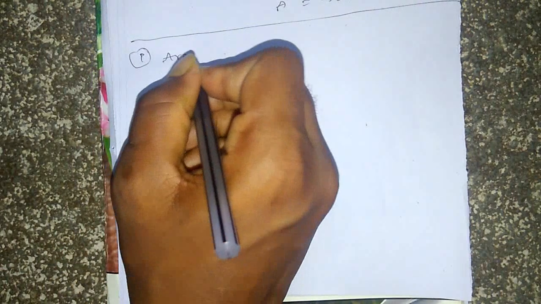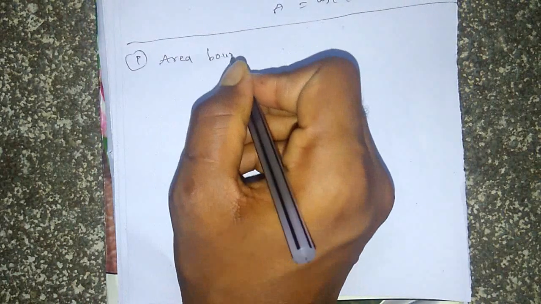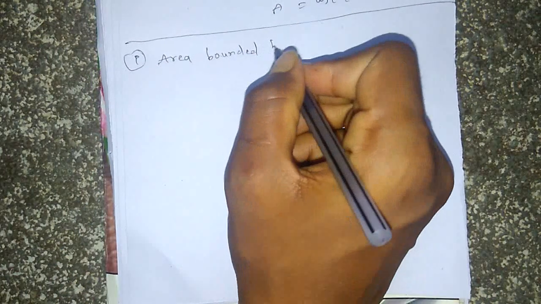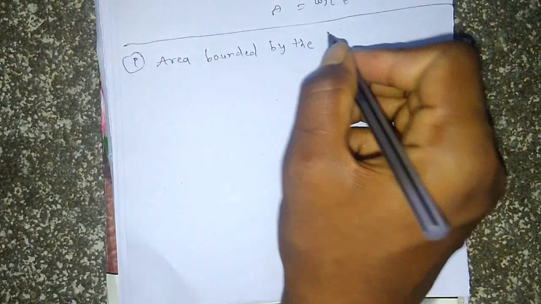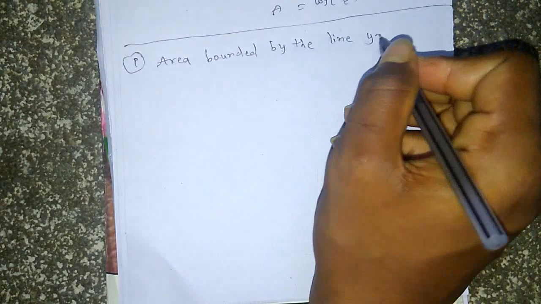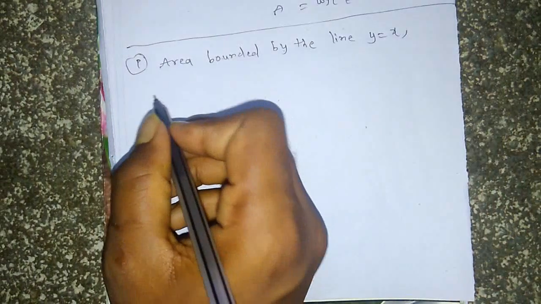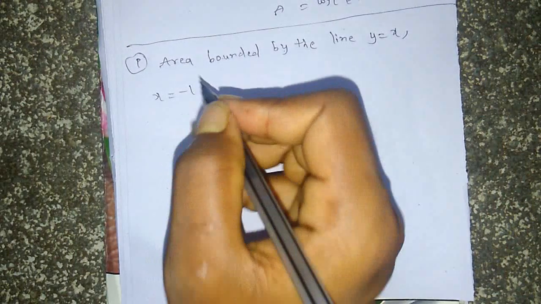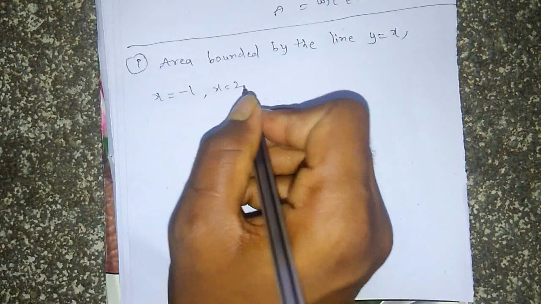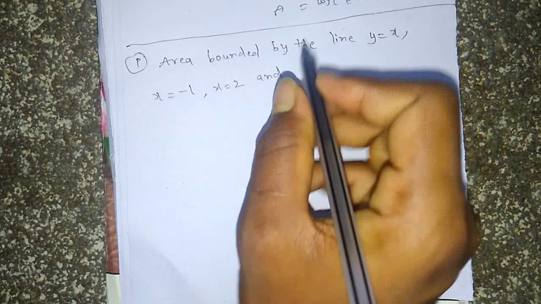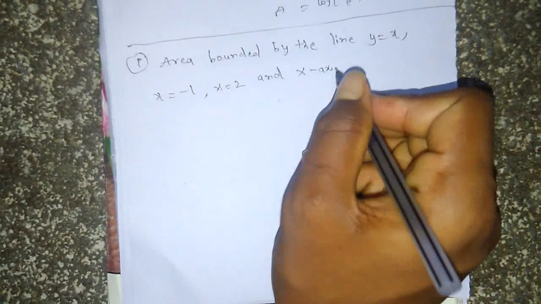So the next problem is find the area bounded by the line y is equal to x and x is equal to minus 1, x is equal to 2, and the x axis.